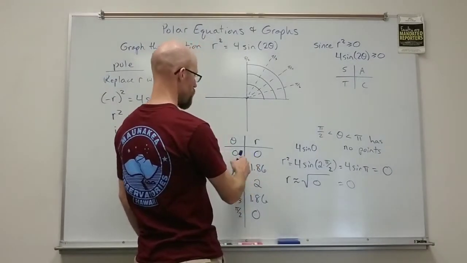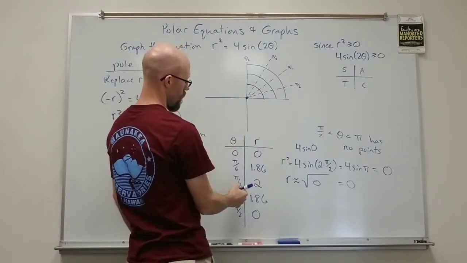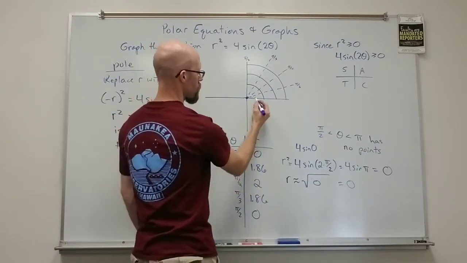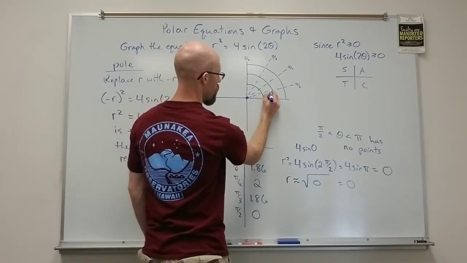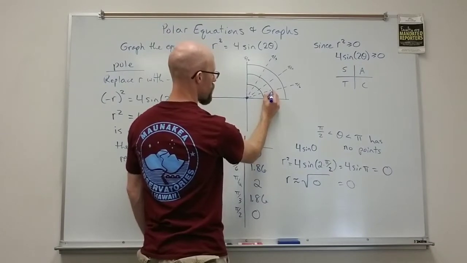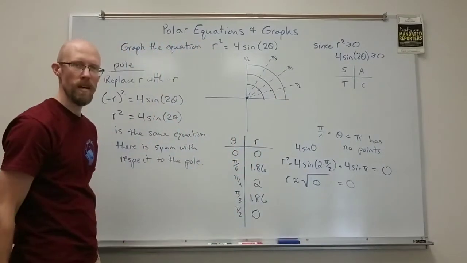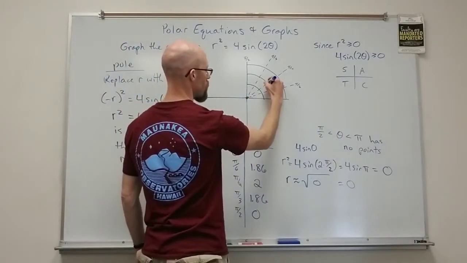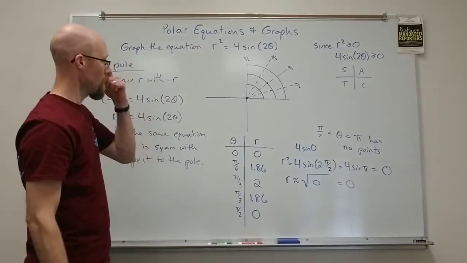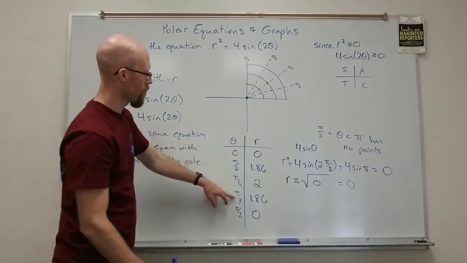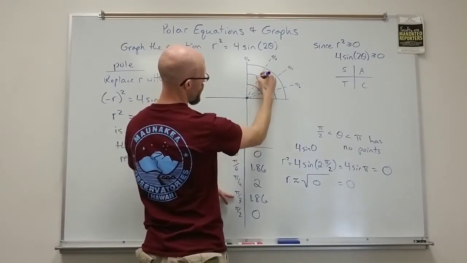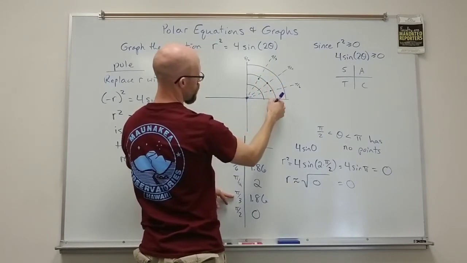And so I want to go 0, 0, that's at the origin. I'm going to go pi over 6, comma 1.86. So I go out almost to 1.9, so right about there, give or take. Then pi over 4, comma 2. So on pi over 4, I actually hit the value of 2. At pi over 3, I get 1.86 again, so it's kind of backing off of that radius of 2.